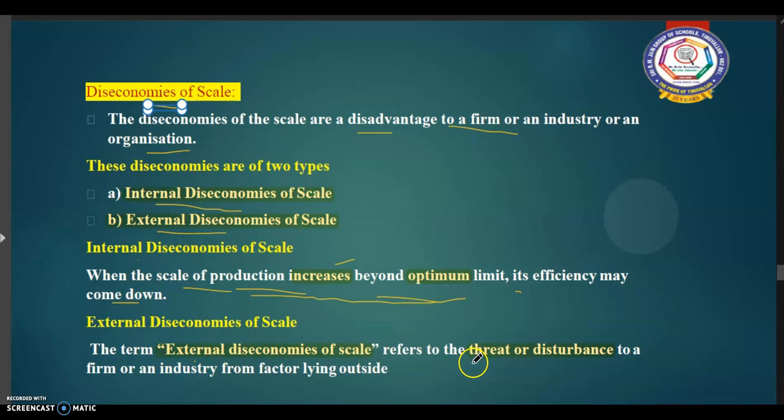External diseconomies are a threat or disturbance to a firm or an industry from factors lying outside. For example, a bus strike prevents the easy entry of the workers into a firm. Sometimes the rent of a firm increases if new economic units are established in the locality.